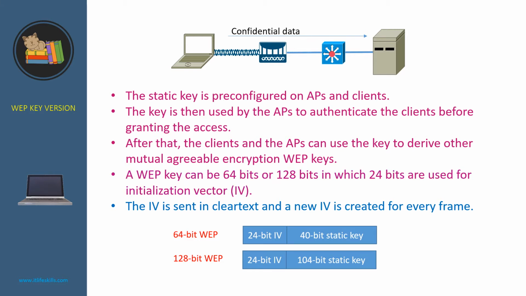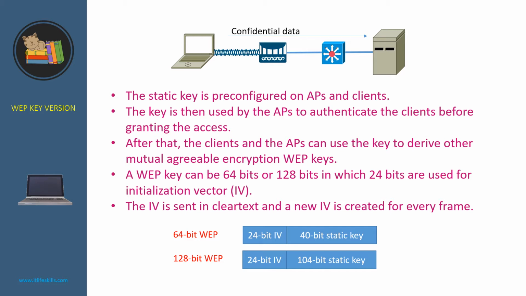A WEP key can be 64 bits or 128 bits, in which 24 bits are used for the initialization vector or IV. The IV is sent in clear text, and a new IV is created for every frame.